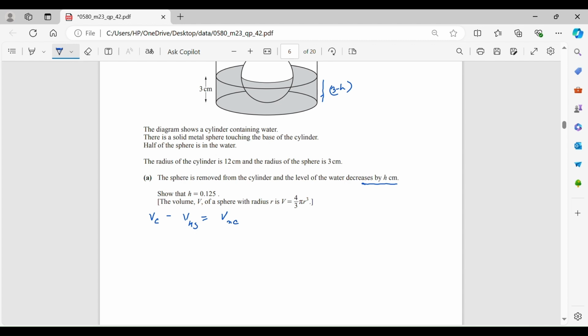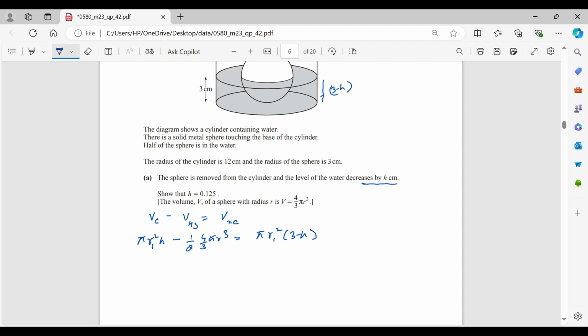So the volume of the old cylinder will be pi r square h minus the volume of the hemisphere, which will be 1 by 2, 4 by 3 pi, let's take this radius as r1, r1 cube, this will be equal to pi r1 square, the same radius, and height will be 3 minus h, right?